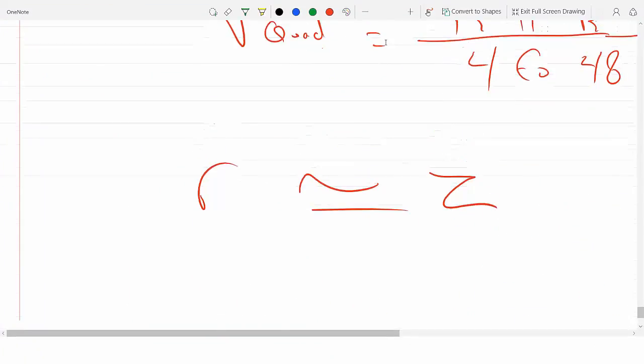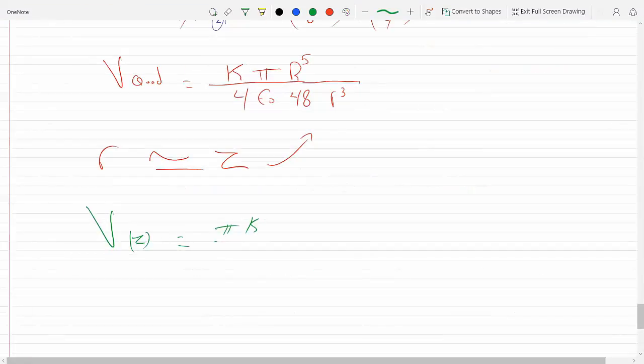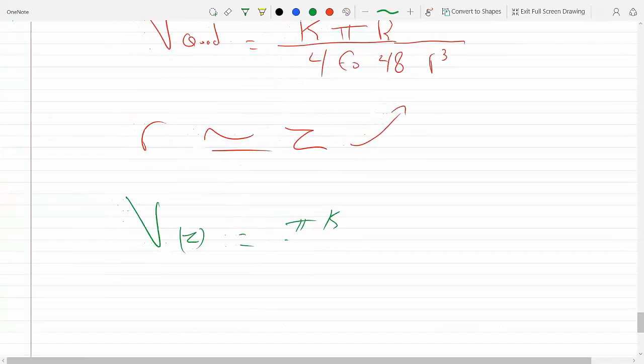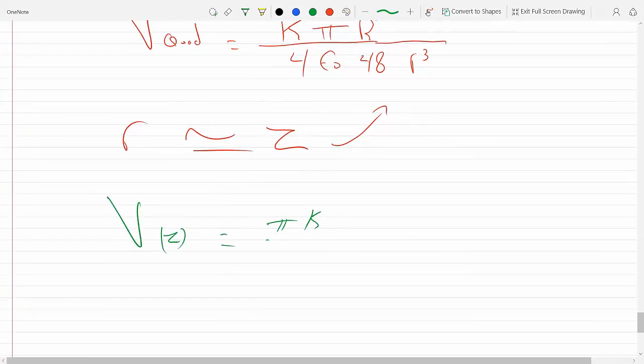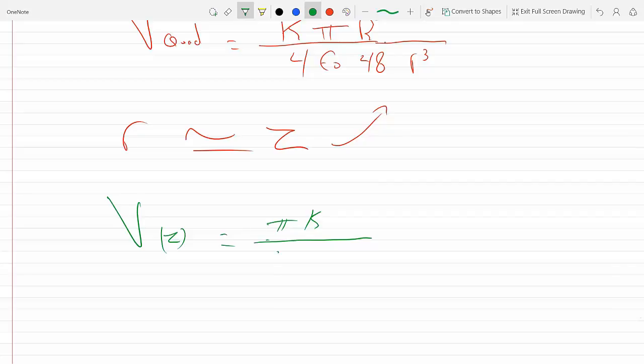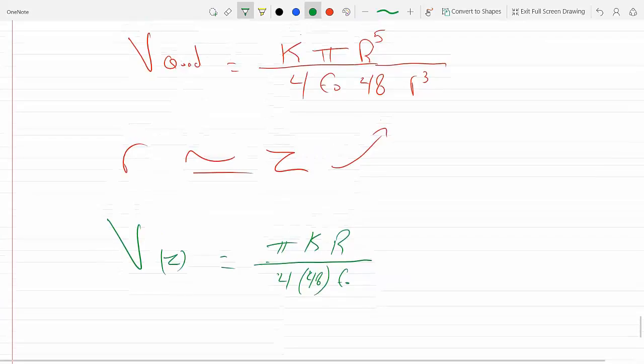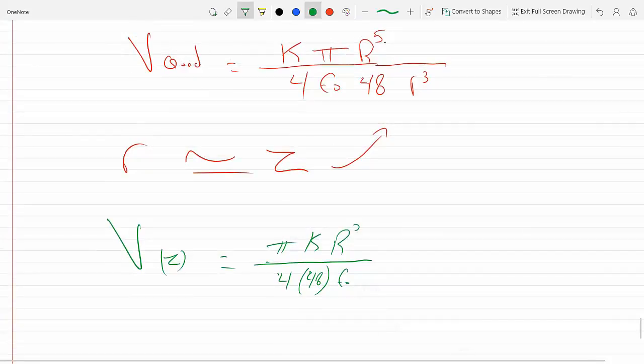Yeah, pi k r over 4 times 48, whatever that is, epsilon, yeah, and this is our fifth, and then what's 1 over z cubed?